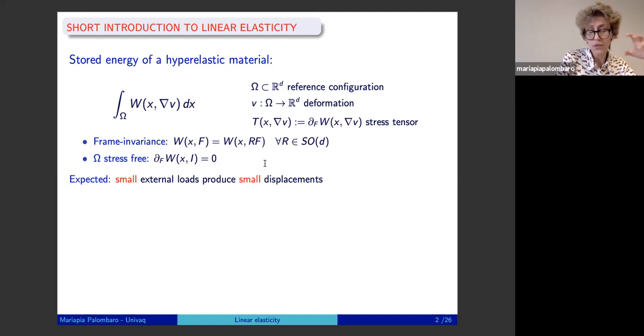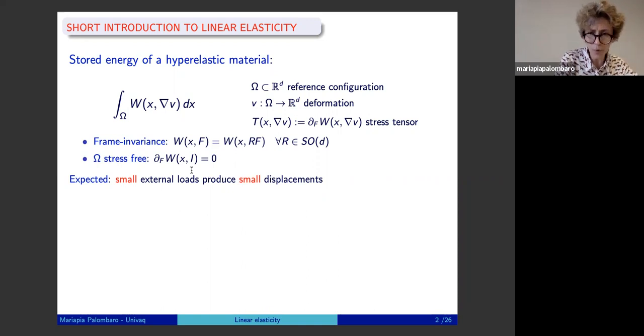So within the theory of continuum mechanics, a possible approach, a variational approach to the derivation of linearized models from nonlinear models consists in studying minimum problems for a suitably rescaled energy when the deformation is a small perturbation of the identical deformation, in general, a small perturbation of an equilibrium that we can always assume to be the identical deformation.